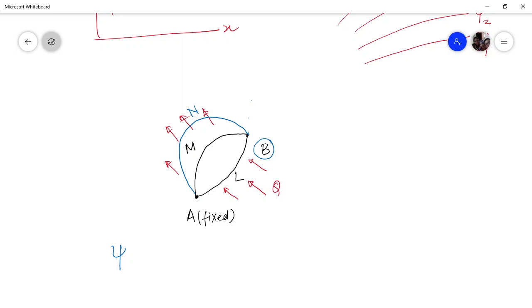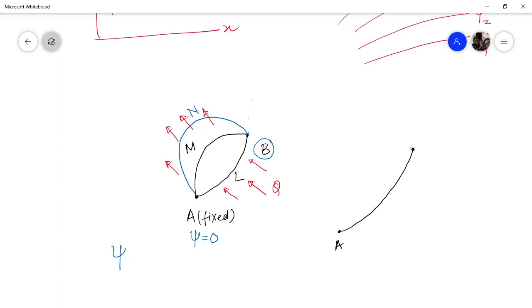Okay, if you consider the value of psi at point A as 0, then you do a slight construction. Let me draw this AB again here.